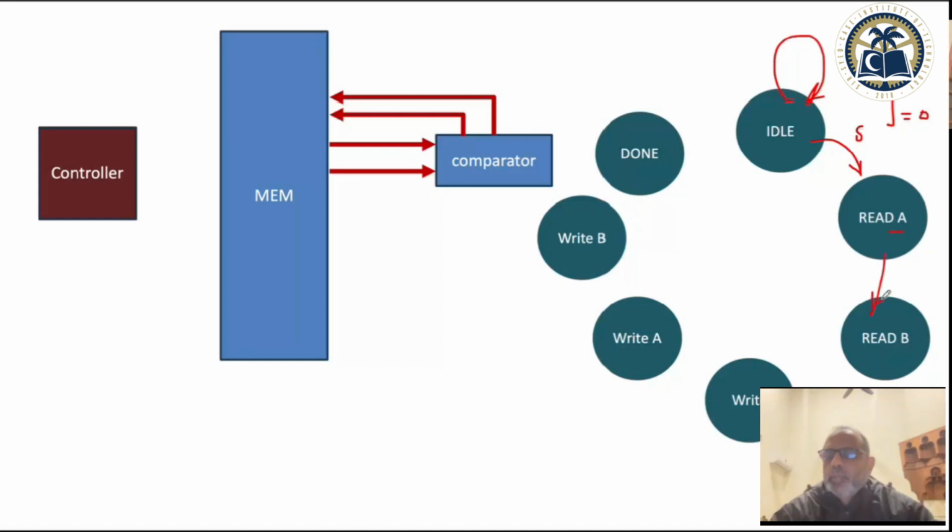The address will now be the J variable, which will now be 1. And here I will also be 0. Then the comparator works automatically. There is nothing to do, because whatever is A and B, the comparator is always comparing. It's combinational logic. It is active all the time.